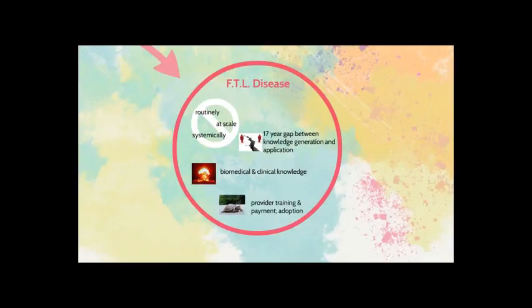Unfortunately, healthcare in America today is not a thriving learning health system. It's actually in more of a disease state, and we're going to call that disease the failure to learn disease. Some of the symptoms of this disease are lack of learning routinely or systemically. It's not learning at scale, so even if there's a pocket of improvement or a best practice somewhere, it doesn't necessarily mean that it transfers from one organization to another or one branch of healthcare to another branch.